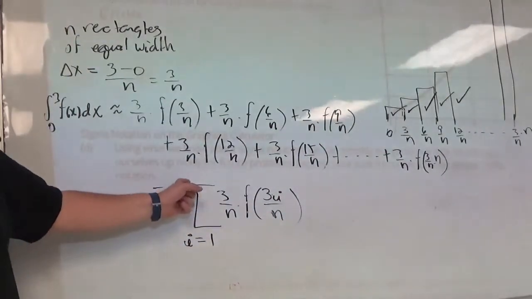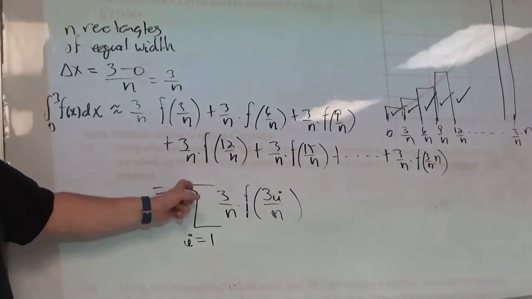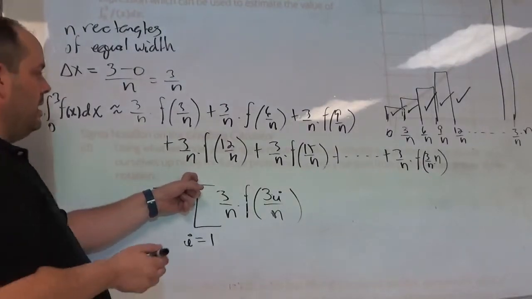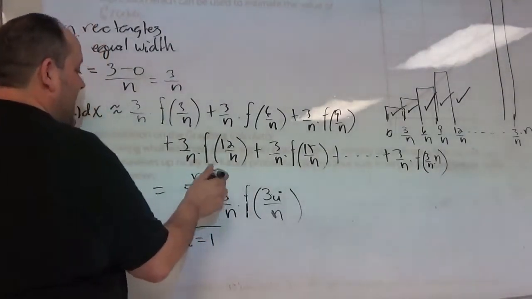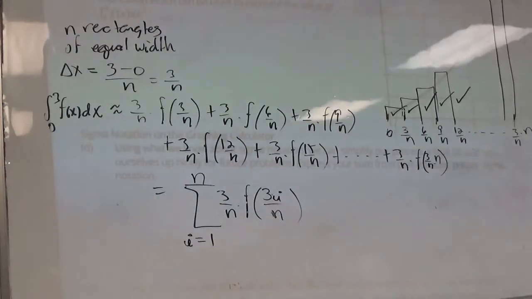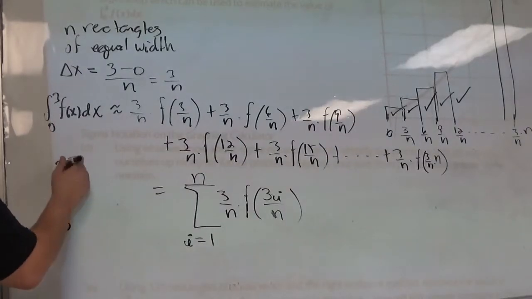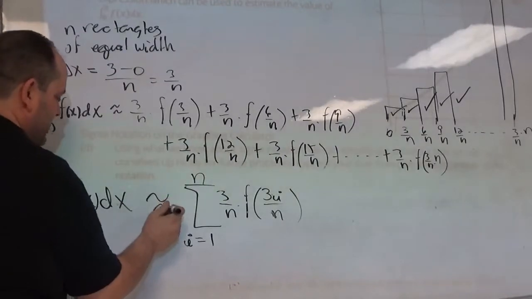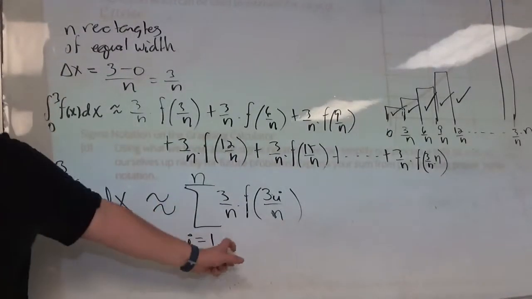When do I stop? You stop at n. It used to be 8, now it's n for any number of rectangles. So where we are now is that our integral is approximately going to be represented by big sigma.